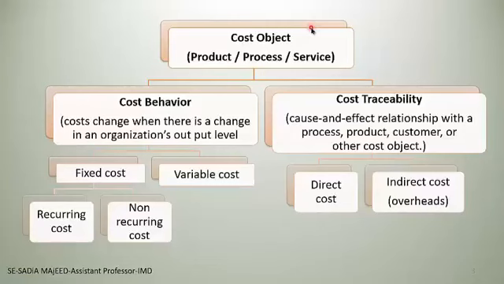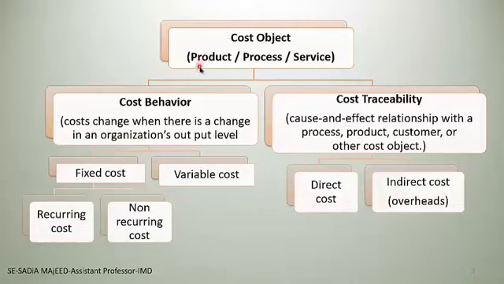In today's lecture, we have to discuss all the important concepts related to the cost. So we start with the cost object. What is cost object? Cost object is anything about which we are going to estimate or calculate cost.